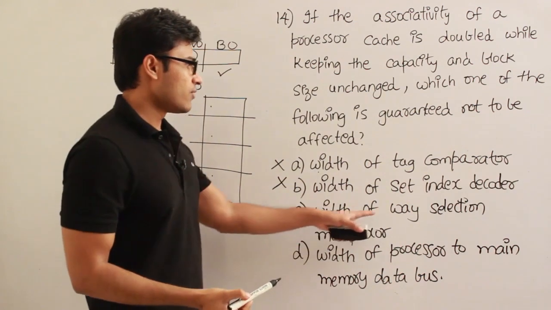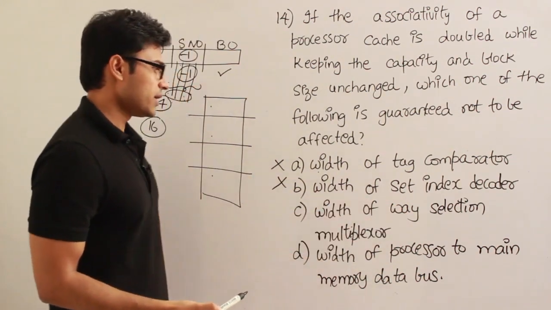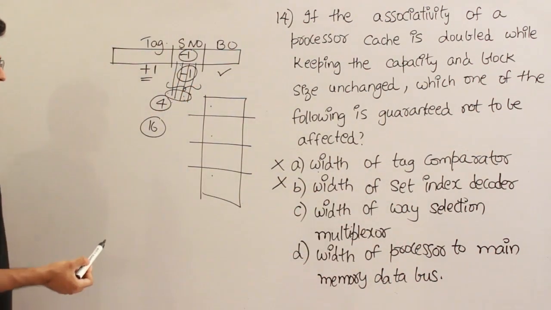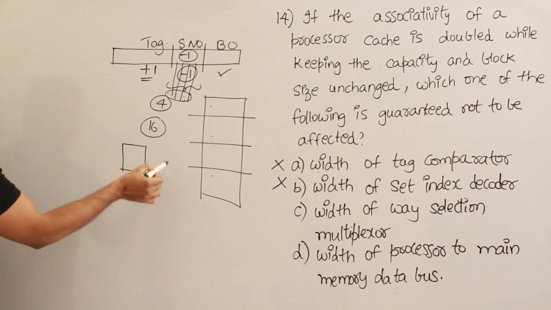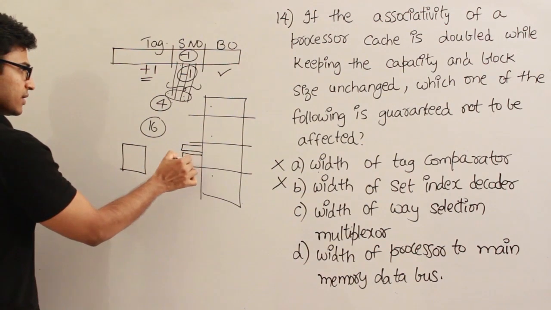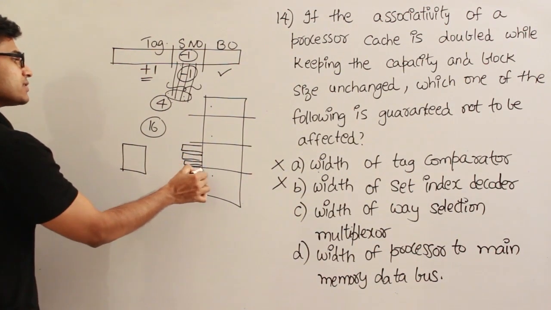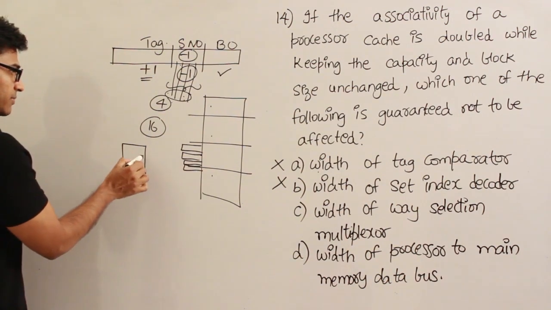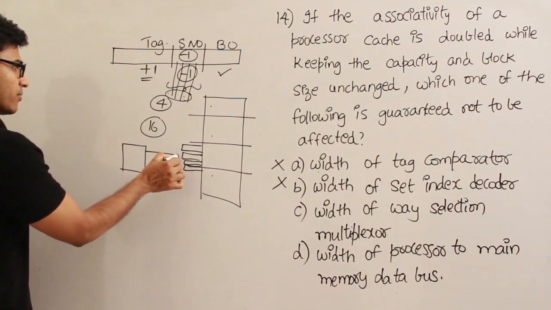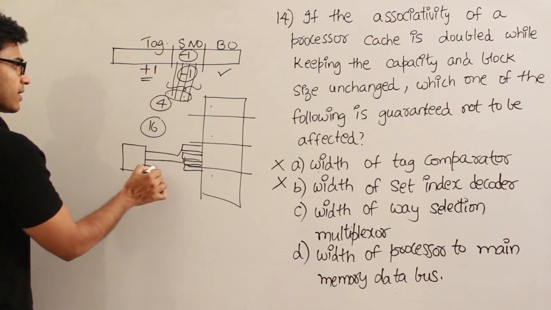And next one is width of the way selection multiplexer. Multiplexers are used in order to read the tag bits, right? Now how many multiplexers will be used? That depends on the size of the multiplexer, and that depends on how many tags it has to check in parallel.